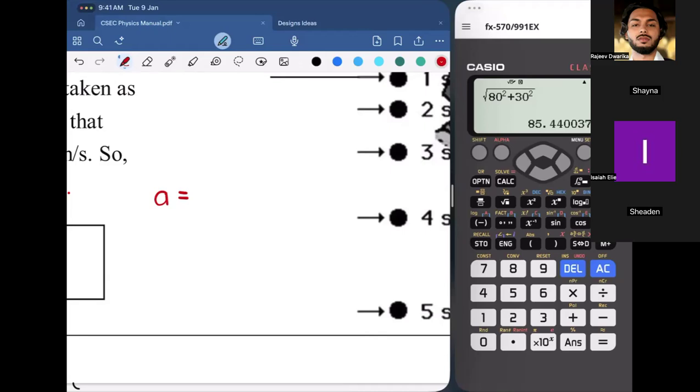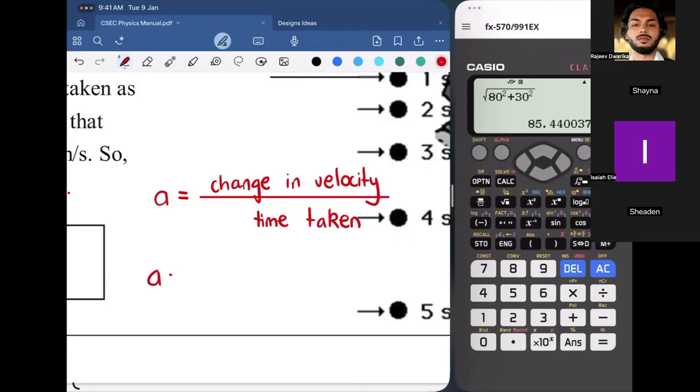So acceleration is just a change in velocity, right? Change in velocity all over time taken. That's what it is. So that'll be a is equal to v minus u all over t.